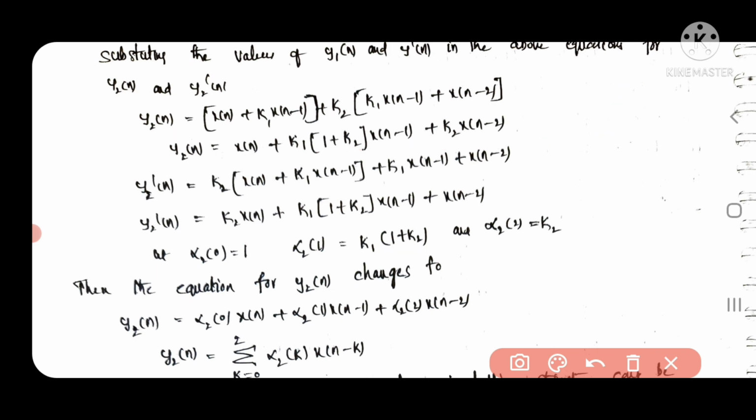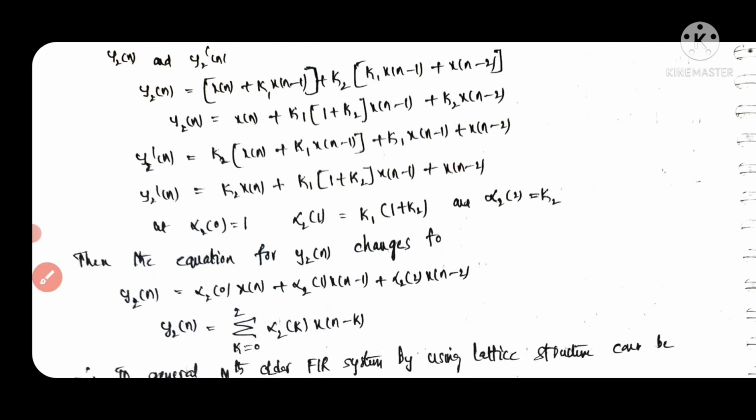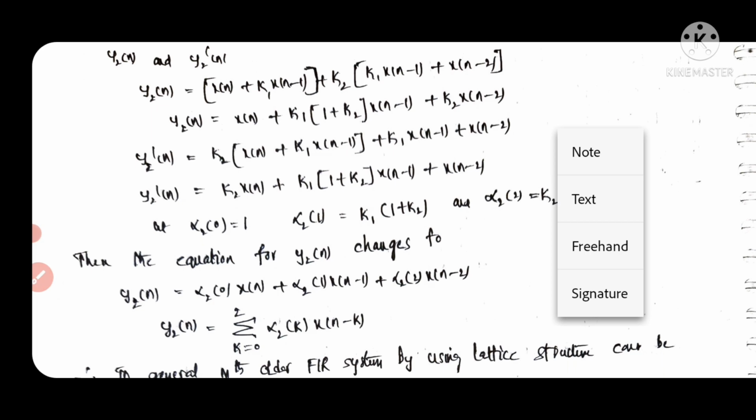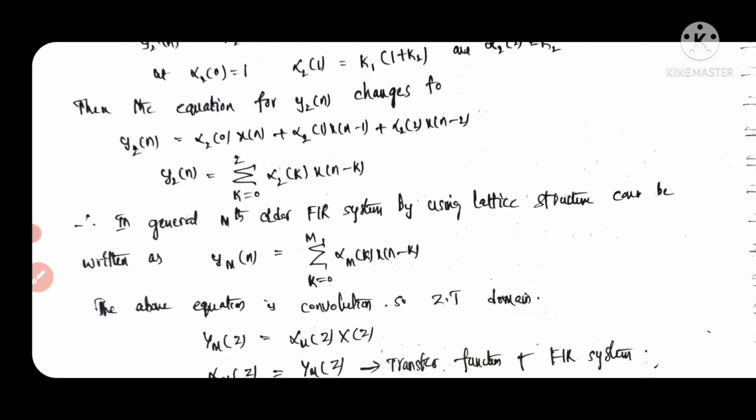After that, the equation for y2 of n can be represented in alpha format, that is y2 of n is equal to alpha 2 of 0 into x of n, plus alpha 2 of 1 into x of n minus 1, plus alpha 2 of 2 into x of n minus 2. This is only from the second order point of view. Suppose you go for a real time scenario, there is a possibility of a maximum number of orders.